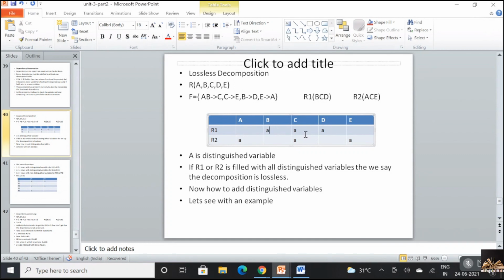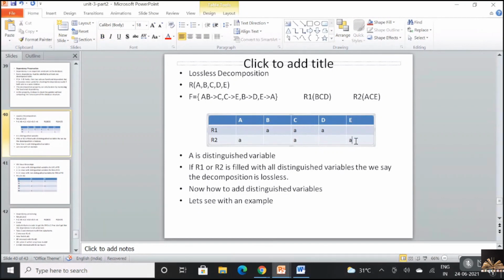These three are the distinguished variables. And R2 has ACE. So under R2, with respect to A, C, and E, I have put small a.